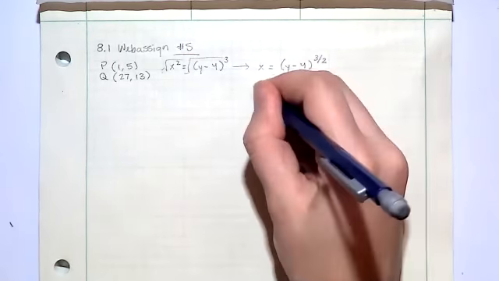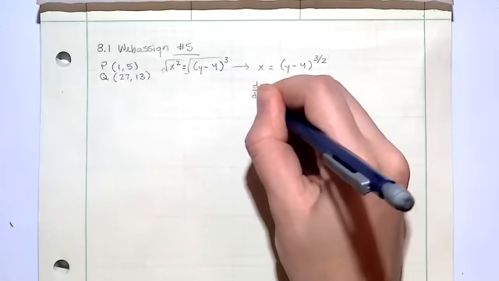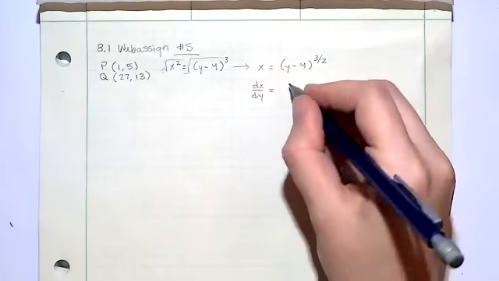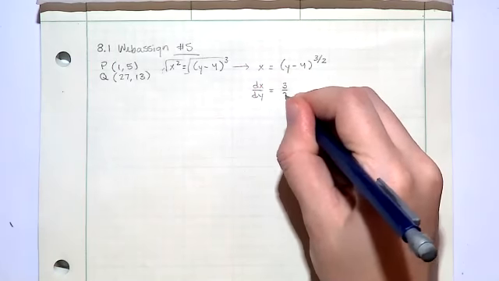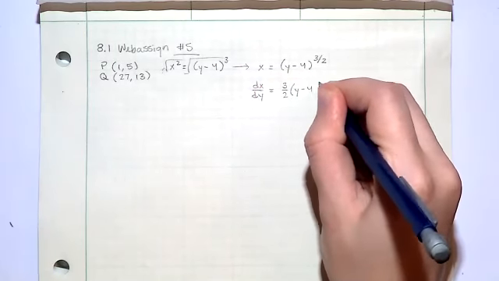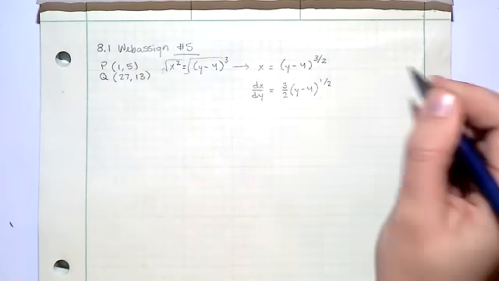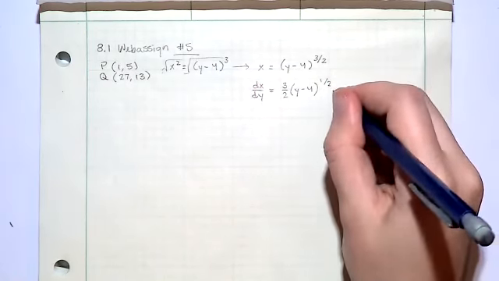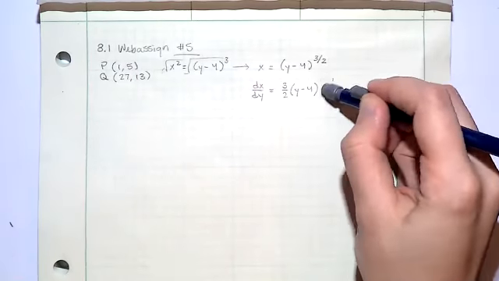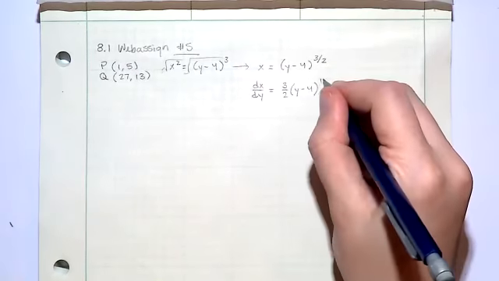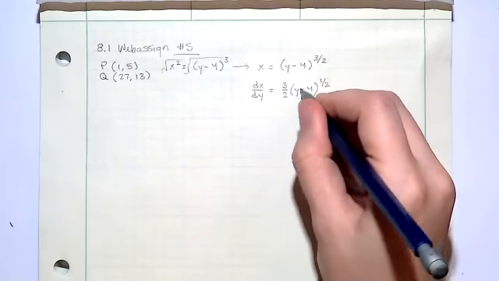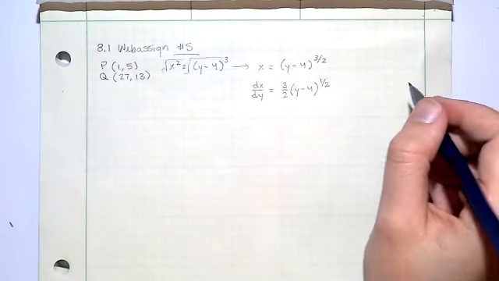So now we can find dx/dy. That is going to be 3 halves, (y minus 4) to the 1 half. And if we keep the chain rule in mind, we would just multiply by an additional 1 from the inside, so that won't change anything.